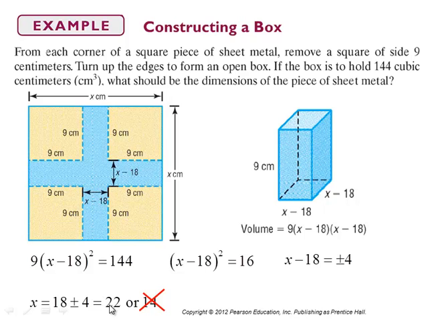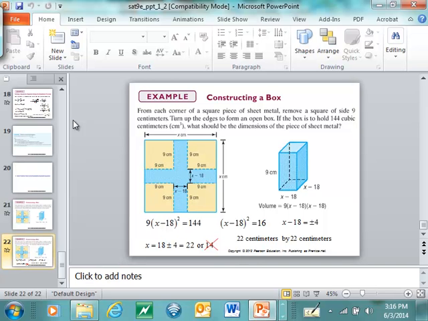And that leaves 22 as our solution. And it makes sense to have x to be greater than 18. So we'll take 22 as our solution, meaning you want the length of each side of this big square to be 22 centimeters.